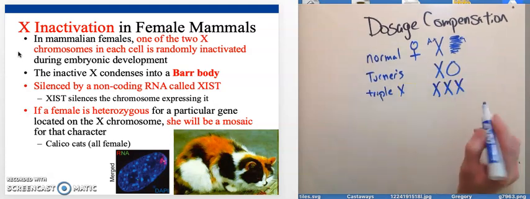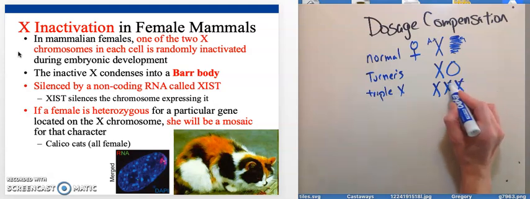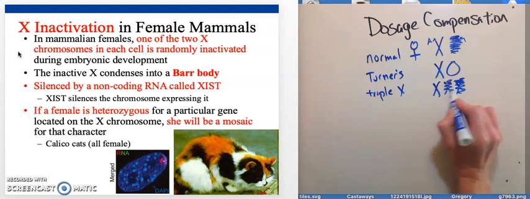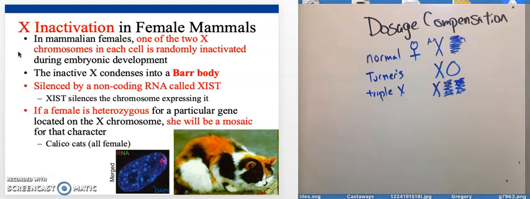If you have an aneuploidy with triple X, there's a counting mechanism, and all but one X chromosome gets shut off. In platypus, which have like 6 pairs of sex chromosomes, all except for one X chromosome gets shut off by the same mechanism.